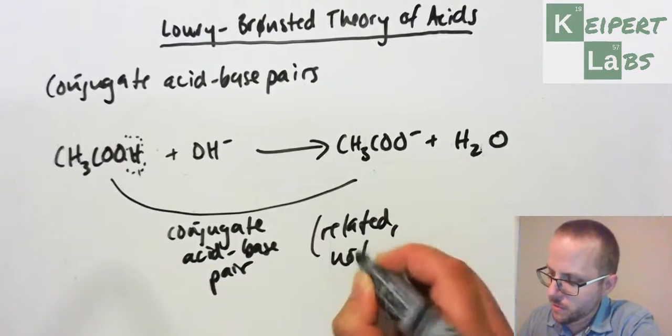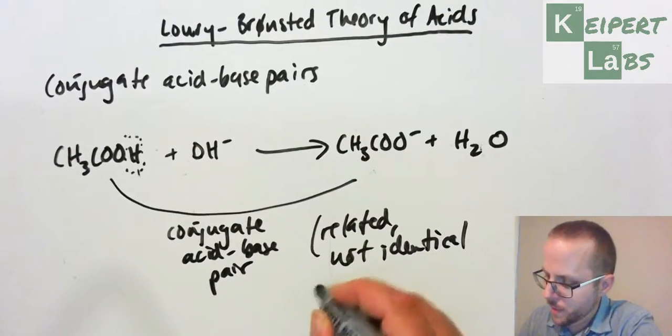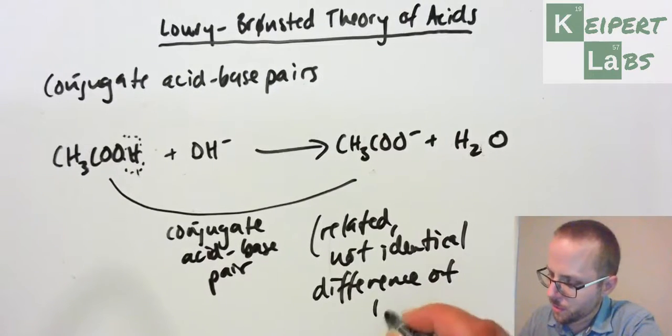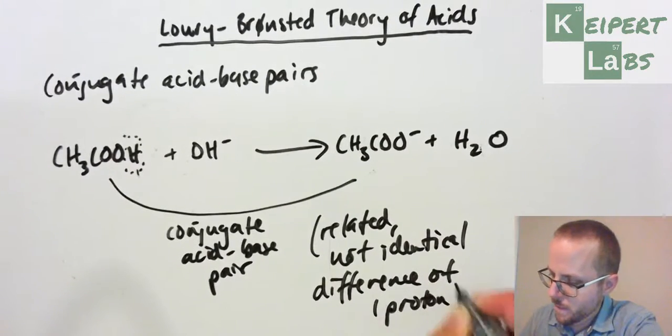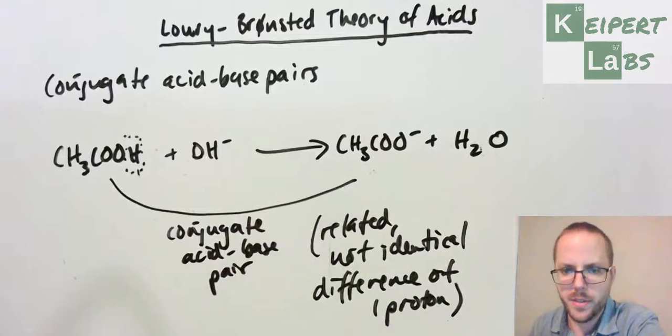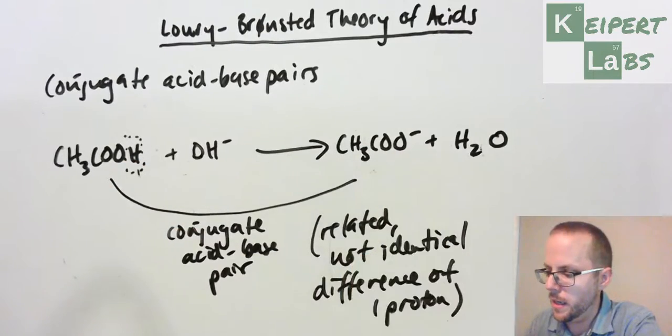They're not identical, but we have a difference of one proton. So they're related to each other. It's not the same substance on both sides, but there's only a difference of one proton between them. So the proton here and here.